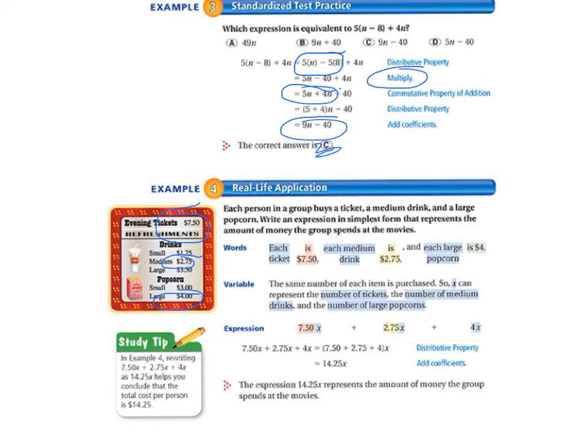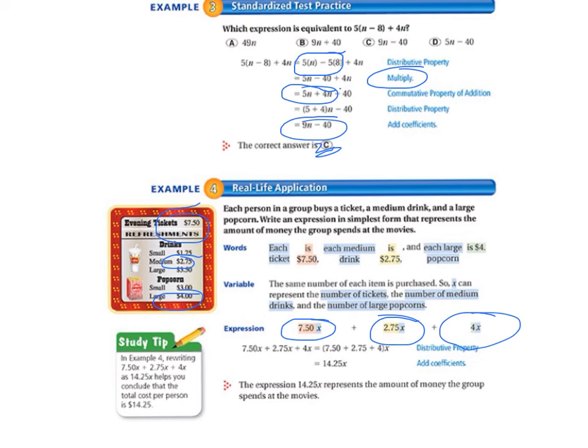So our expression is $7.50x plus $2.75x plus 4x. So we just don't know how many people there are. So once again, we use the distributive property.